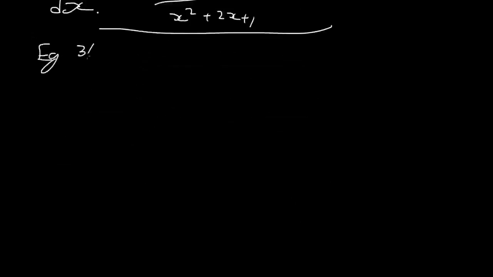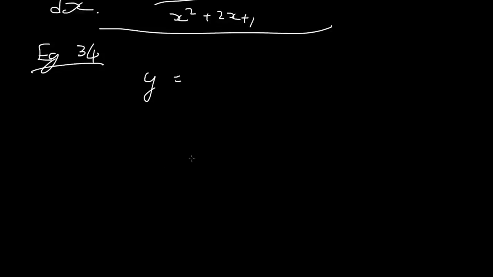Example 34. Okay, and example 34 says, determine the derivative of the function y equals, you know, this example is a little bit too basic. I want to do one that's a little bit more interesting.